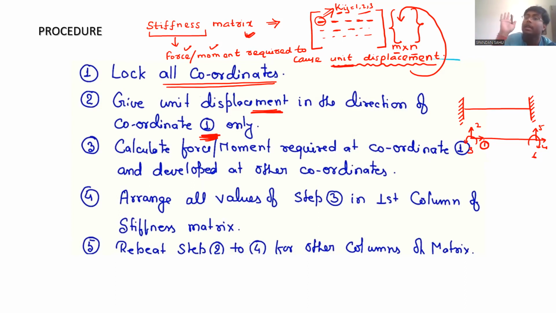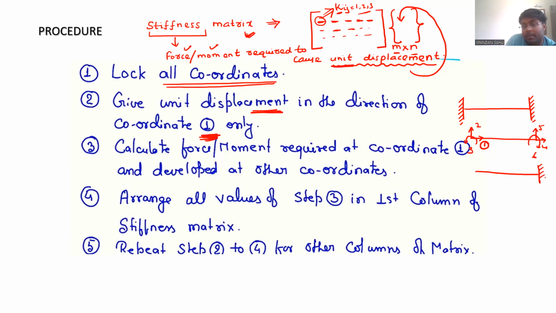That will be given to you in the problem, and we will see in the subsequent slides how those coordinates are described. Now, to provide unit displacement in the coordinate 1 direction only, without hampering the structure, you have to modify the structure like this.